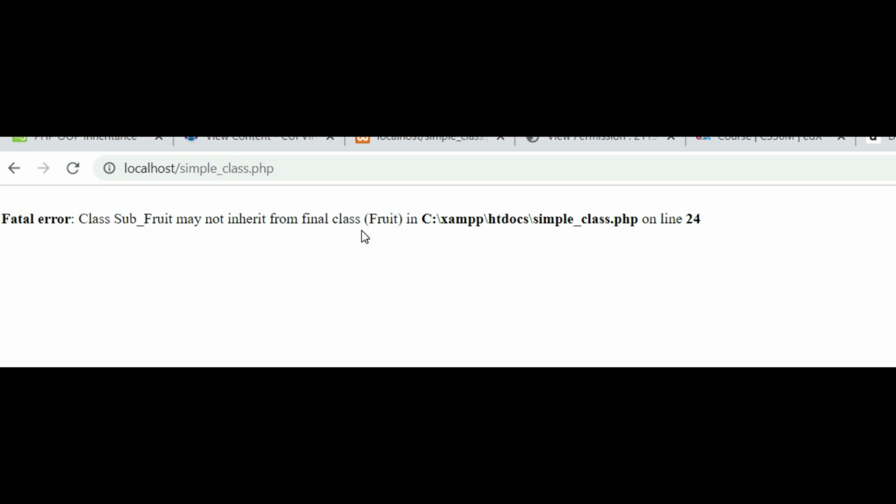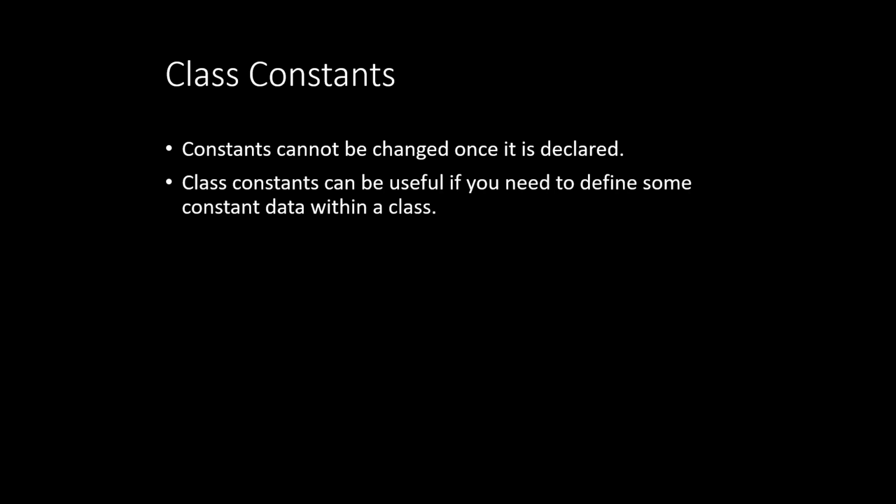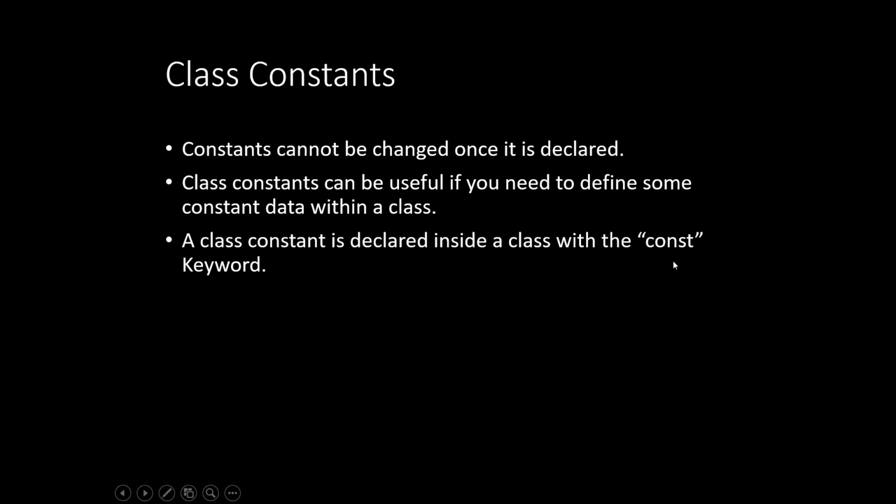Hope you will understand. We talk about class constants. Constants cannot be changed once they are declared. Class constants can be useful if you need to define some constant data within a class. A class constant is declared inside a class with the const keyword.